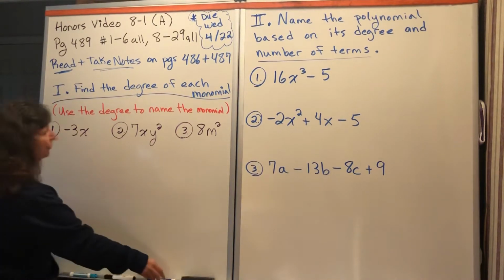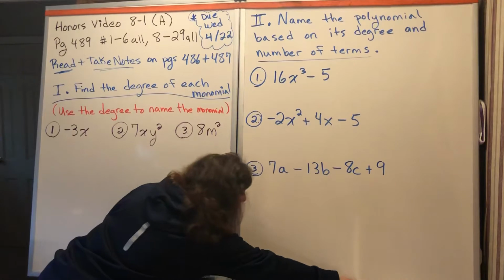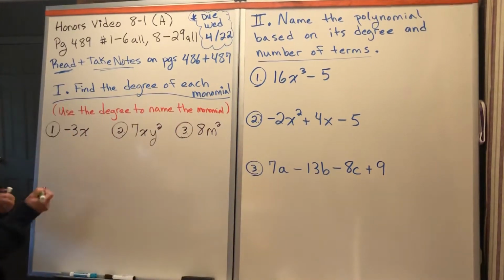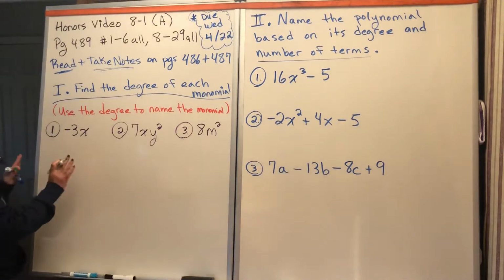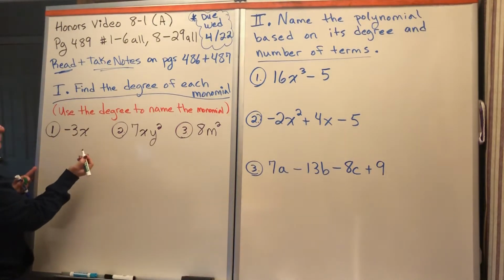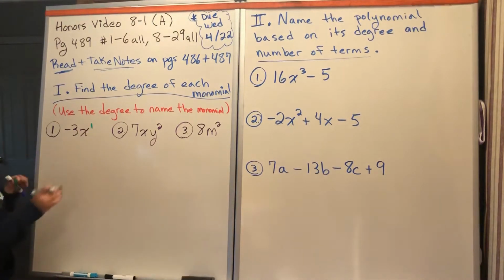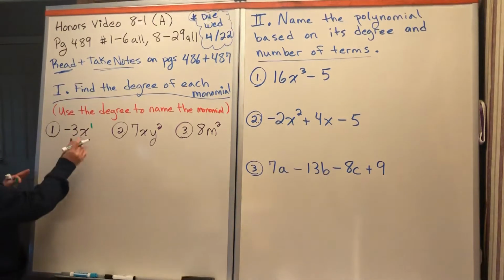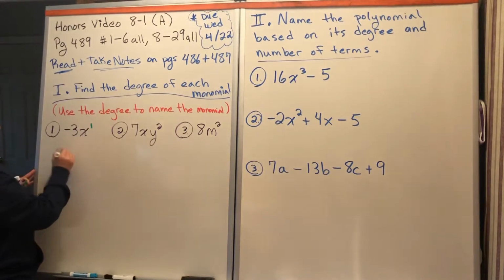In order to figure out what the degree is, we look at the exponents. The constant has a degree of 0, so we're discounting that. So in my first monomial, the exponent is 1, so this term has a degree of 1.